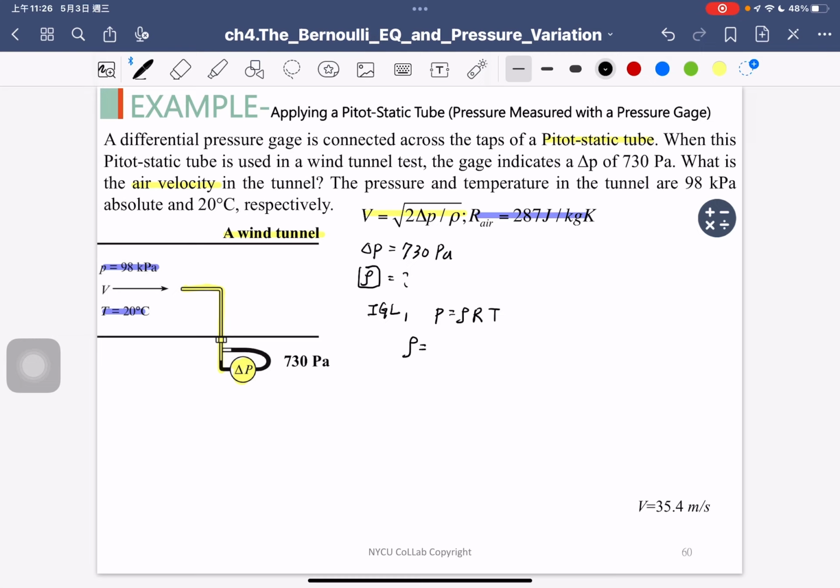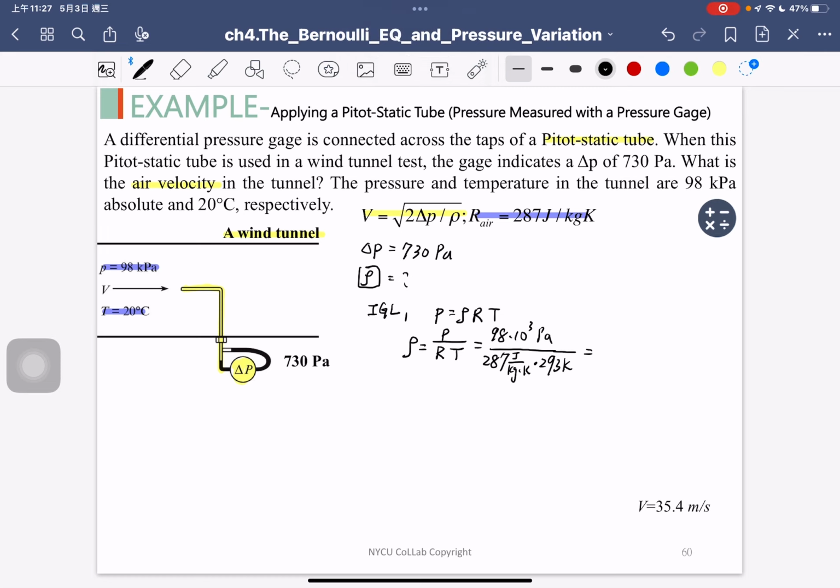So rho can be rewritten as the absolute pressure divided by the gas constant and the absolute temperature. I put the numbers in here: 98 kilo absolute Pascal, the gas constant is 287 joule per kilogram Kelvin, and the absolute temperature, we know it is 20 degrees in our environment, so it is 293 Kelvin.